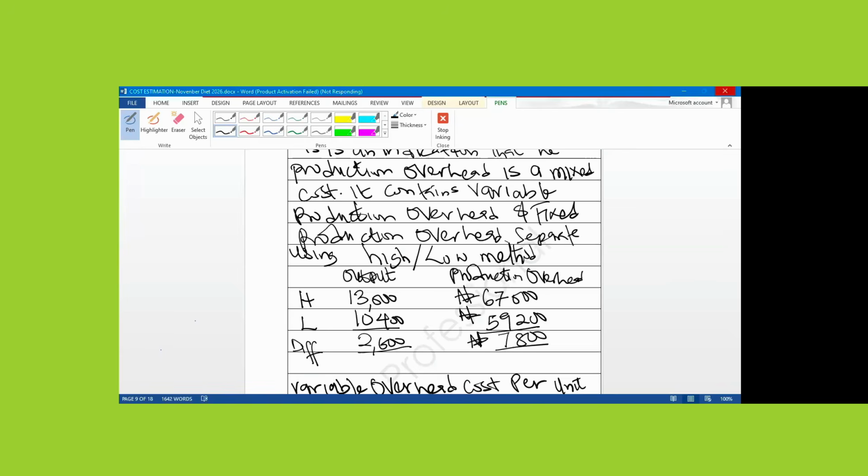The high and low method is for estimating cost. It's not for estimating revenue.